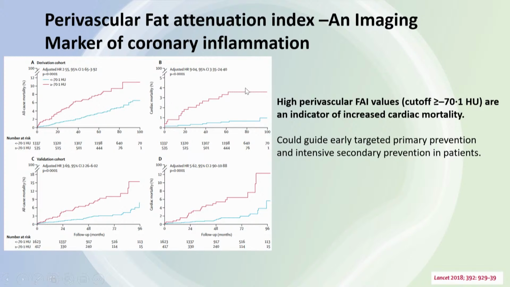These curves are based on that cutoff: this would be greater than 70, this would be less than 70. They propose this could be a very important tool for targeting both primary and secondary prevention strategies in future. So that's all I have.